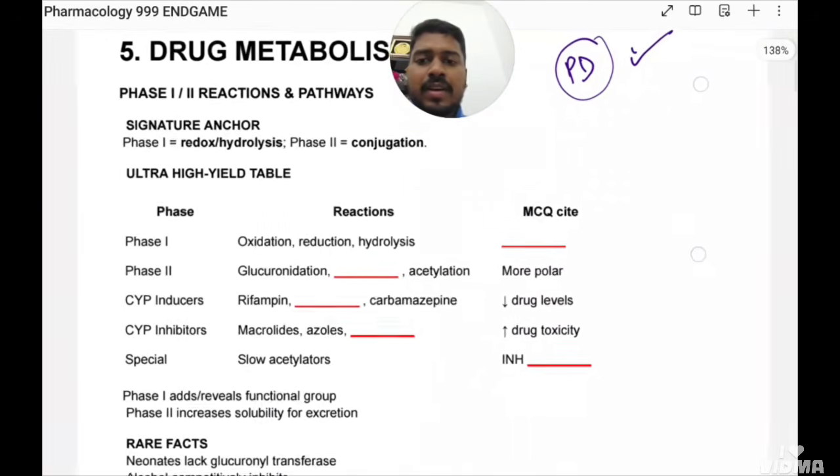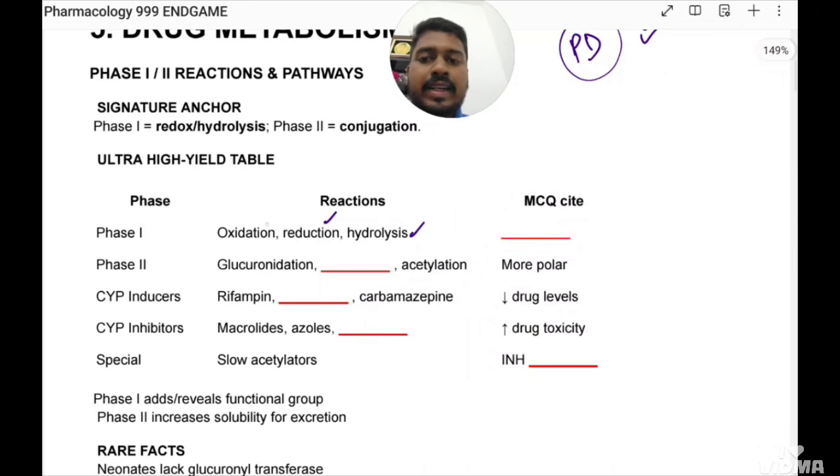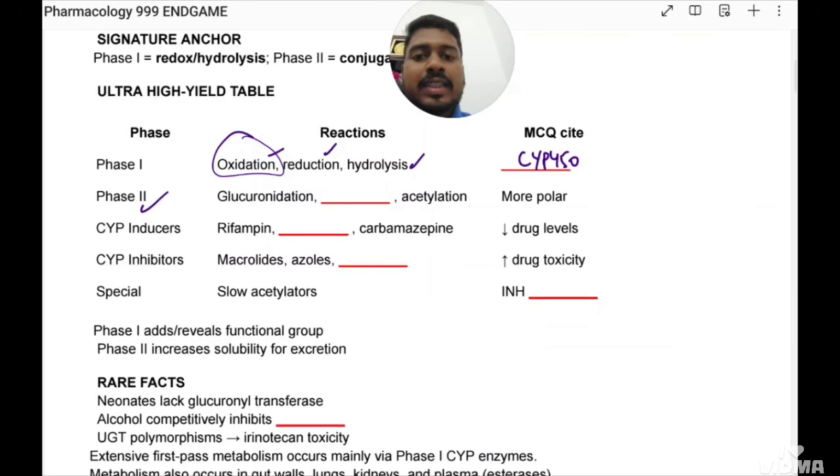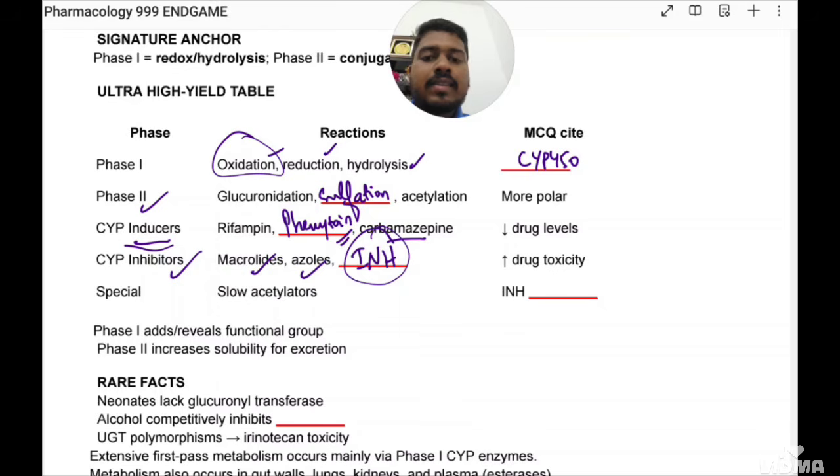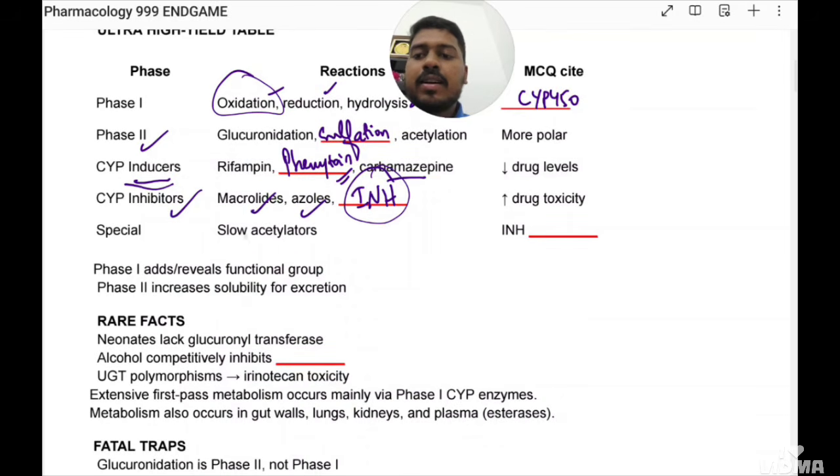Now we'll go to the question answer session. Phase 1: oxidation, reduction, hydrolysis, and oxidation is mediated by which cytochrome? Cytochrome P450. Phase 2, which are the enzymes? Glucuronidation, sulfation, and acetylation. CYP inducers: rifampicin, phenytoin, and carbamazepine, two anti-epileptic drugs. CYP inhibitors are macrolides, azoles, and one more is INH, isoniazid, a very important antitubercular drug.